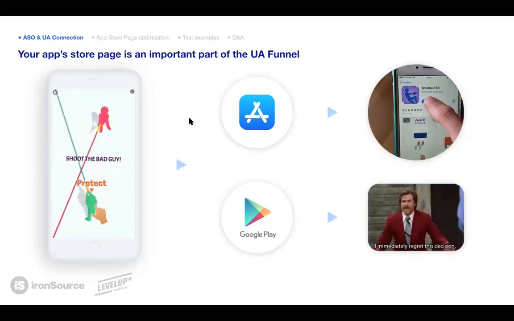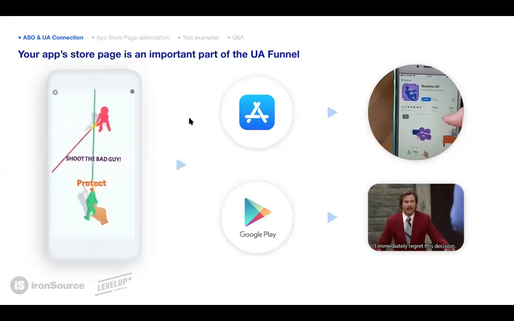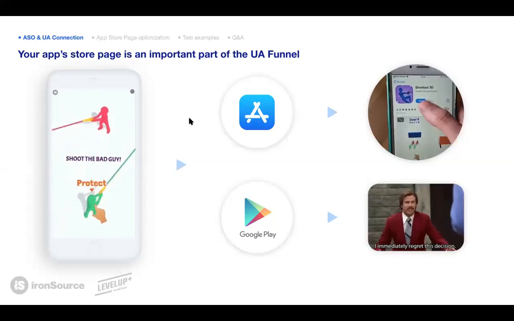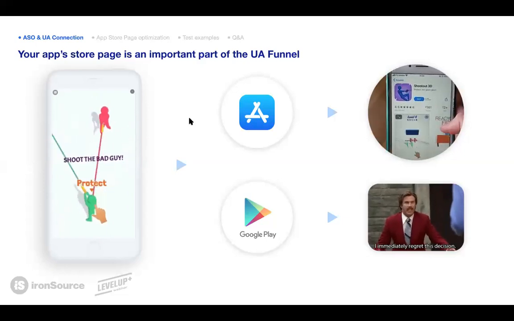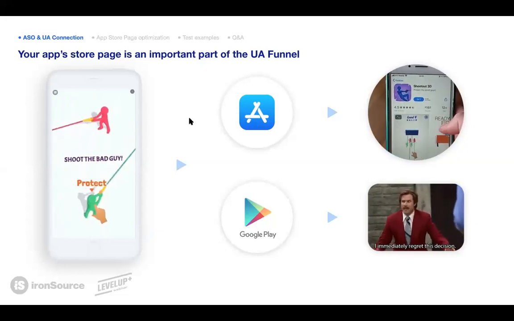What I want to say here is that the app page is a crucial element of your UA funnel. It is part of the funnel and is not only affecting the organic element of your game.